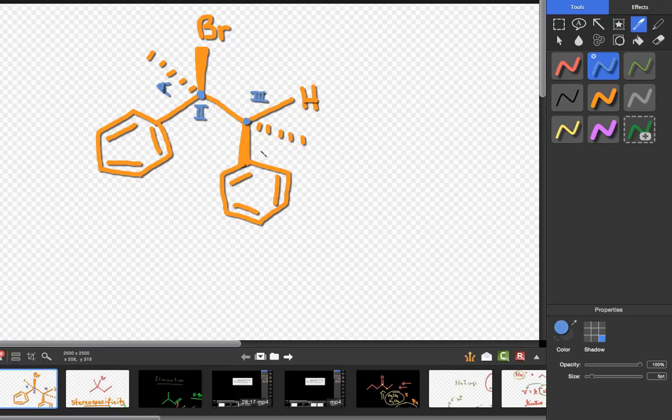And we're simply going to look down this bond and draw the appropriate Newman projection. So when we do this, this is our front carbon. The phenyl group is going to come straight down. The bromine will go up and to the right. The methyl group will go up and to the left.